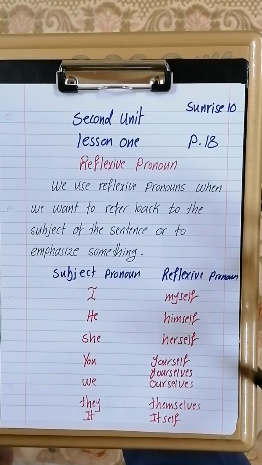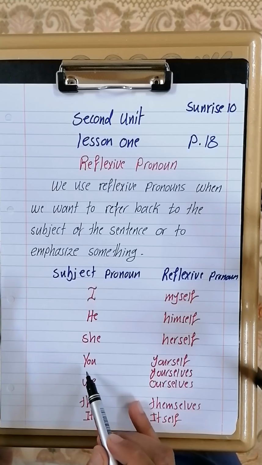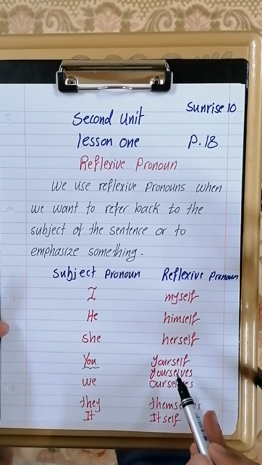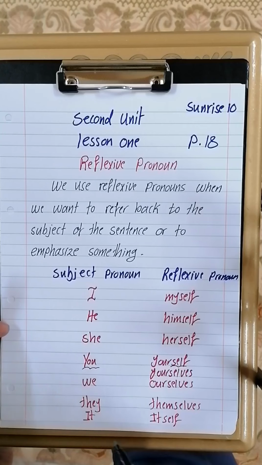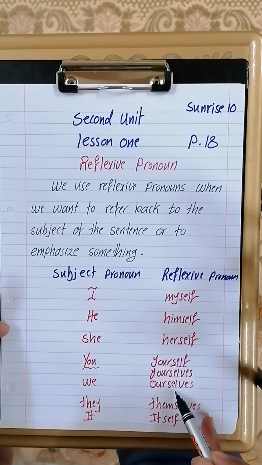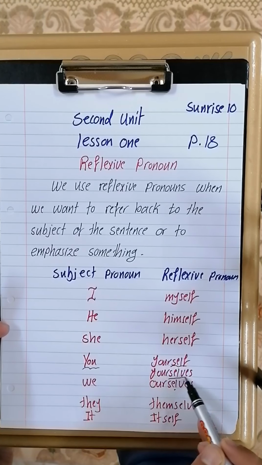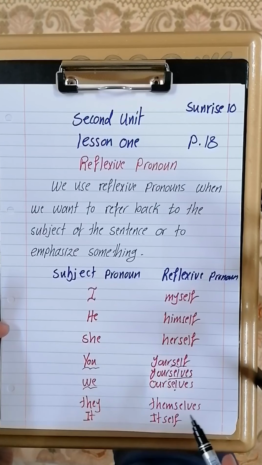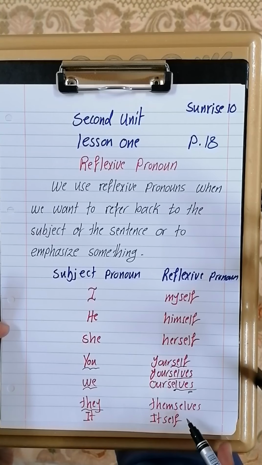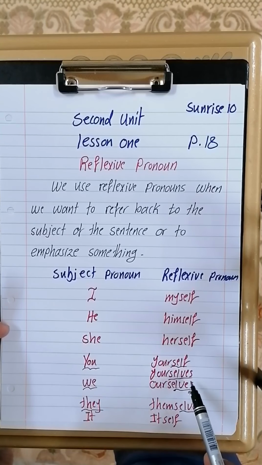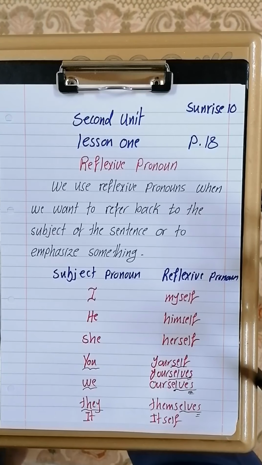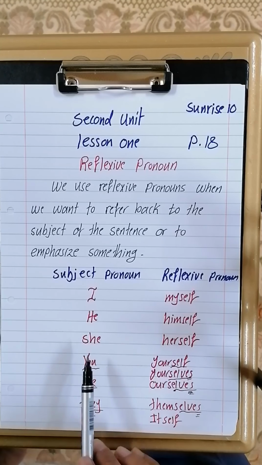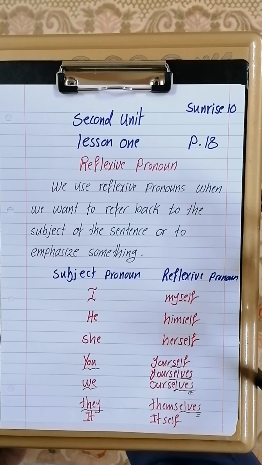You see, you can be either singular or plural. If it is singular, then we say yourself. If we mean the plural one, then we say yourselves. We is plural, then we say ourselves, s at the end. They is plural, then we say themselves. You see, s is at the beginning of the reflexive pronouns because they are plural. But for I, myself, he, himself, she, herself, it, itself.